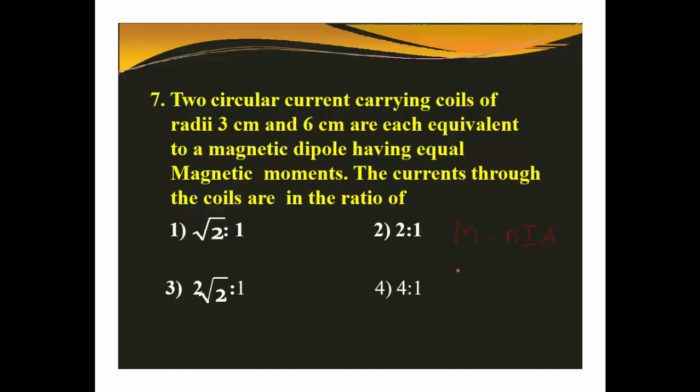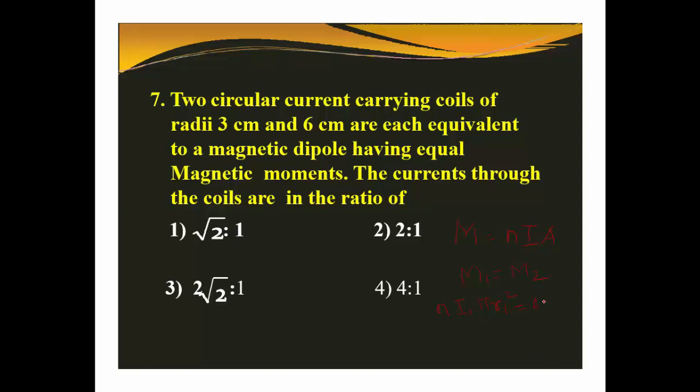So here, given that the magnetic moments are the same, M1 equal to M2. The number of turns is also the same, so what we have to count is the currents. Here the number of turns is the same, so N I1, and I will write the area as pi r square, that is pi r1 square.